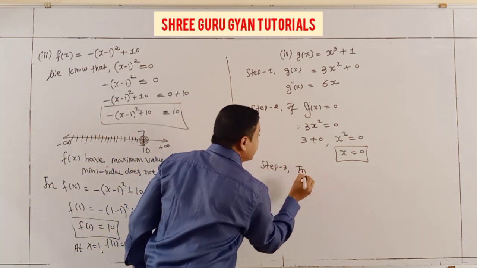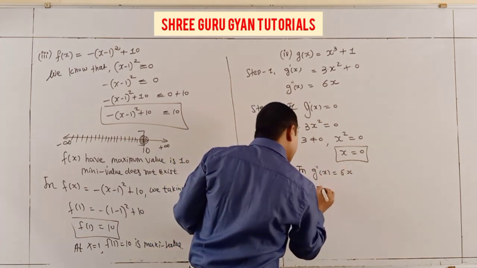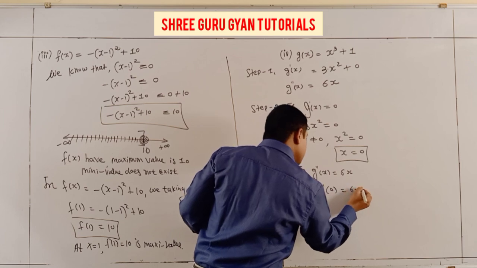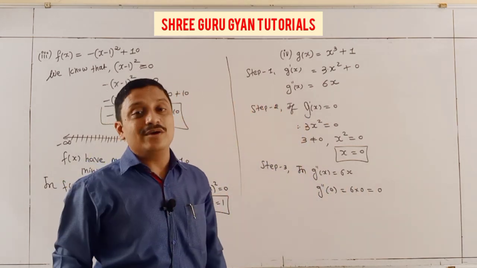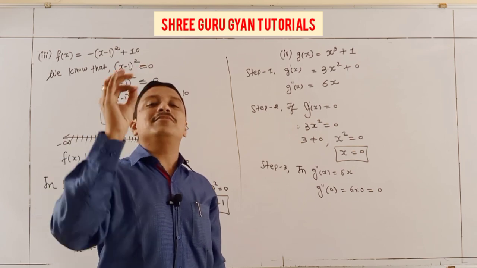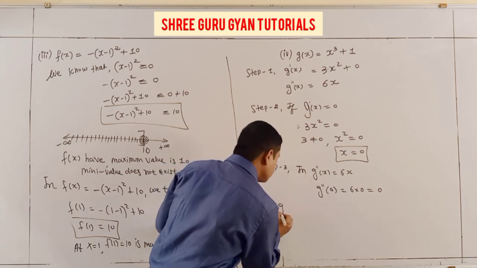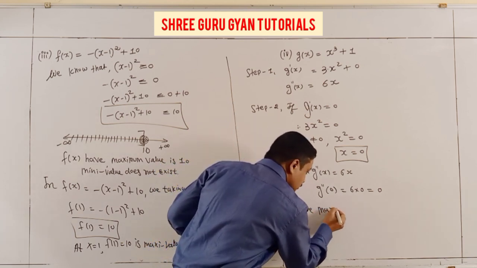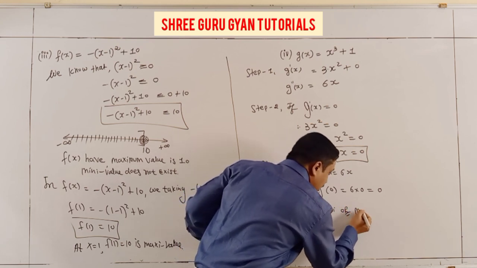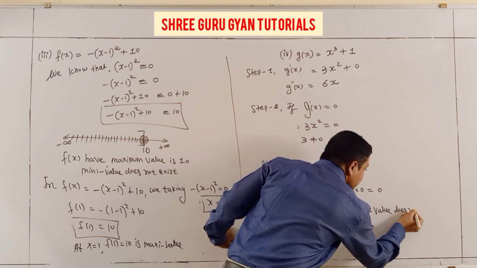So in g double dash x, I just put down g double dash 0. Yes students, we cannot say it is positive or it is negative. It means your maximum and minimum value does not exist. Therefore, g(x) maximum or minimum value does not exist.